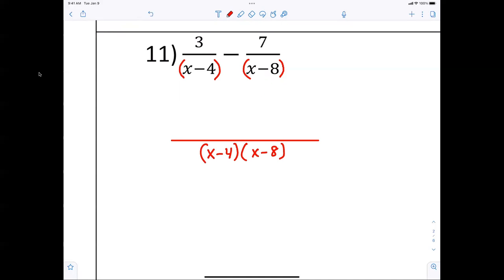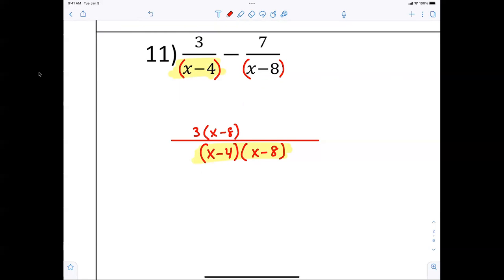So what do I have to multiply the first fraction by? Now here it's starting to get a little bit more complicated. I'm looking here, and this is what I have. So what's missing? Yeah, the x minus 8 is missing. So I'm multiplying the first fraction by x minus 8.